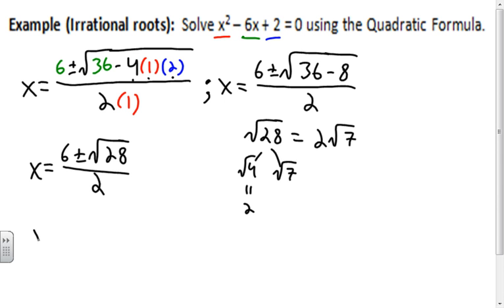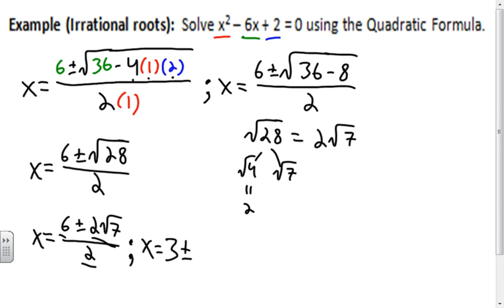So we will want to simplify this one to 6 plus or minus 2 square roots of 7 all over 2. From here, we can simplify it more. Notice how our 6 and our 2 square roots of 7 both have a 2. So we can divide each of those by that 2. We'd say x equals 3 plus or minus square root of 7.